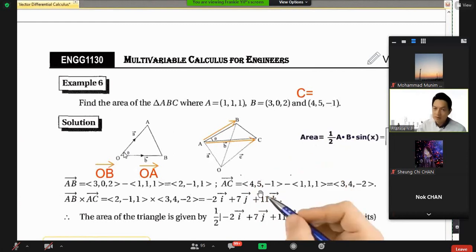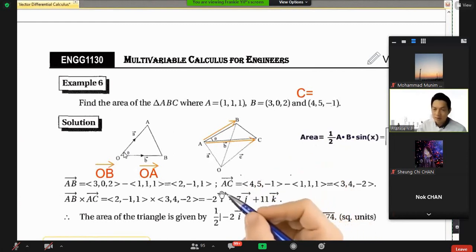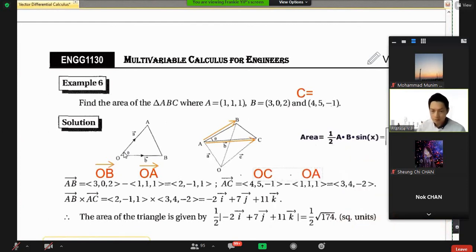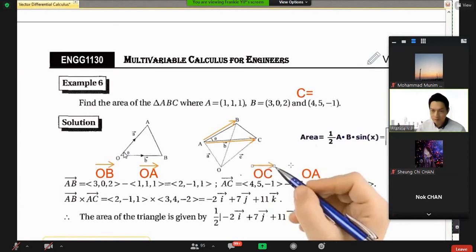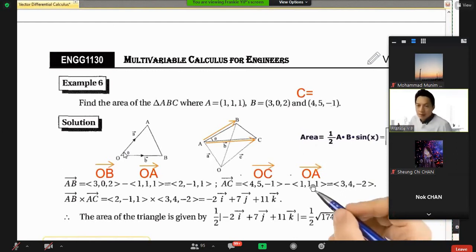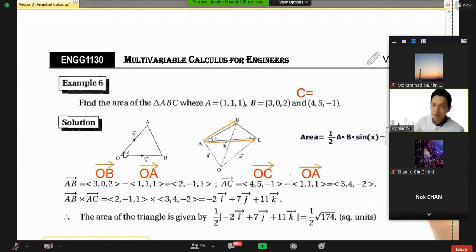And how about AC? Same as before. That means it's OC minus OA, right? So I write down the same thing: OC minus OA. We have this one minus this one. Got it? So this is the AC. And then what we're going to do is take half the magnitude of the cross product.